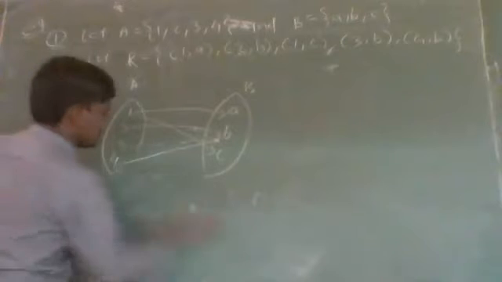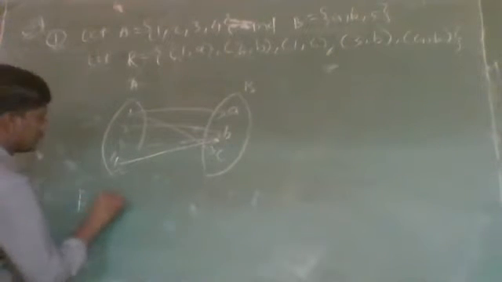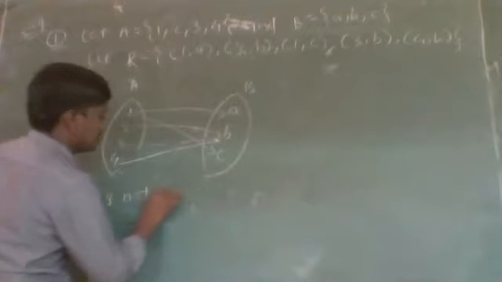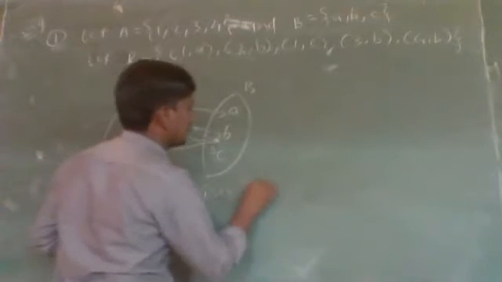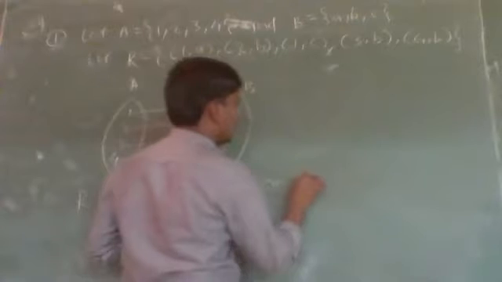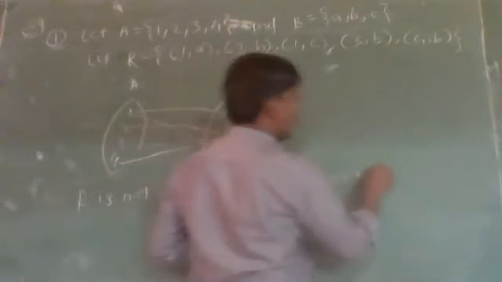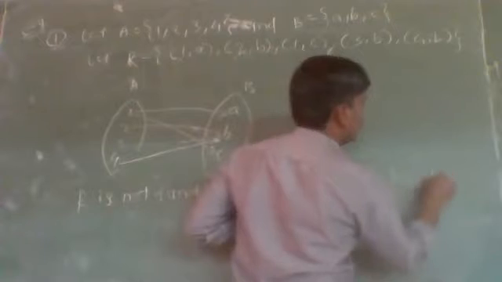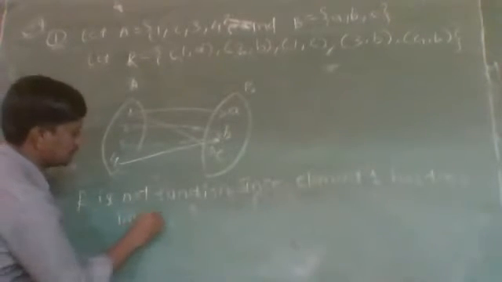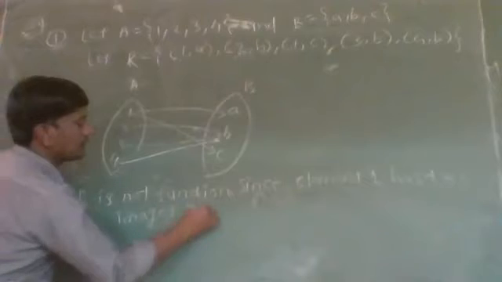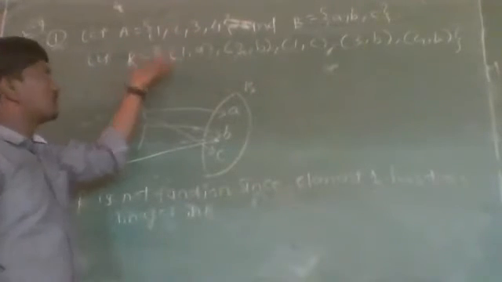So R is not a function, since element 1 has two images in B. But this R is a subset of A cross B, and any subset of A cross B is a relation.